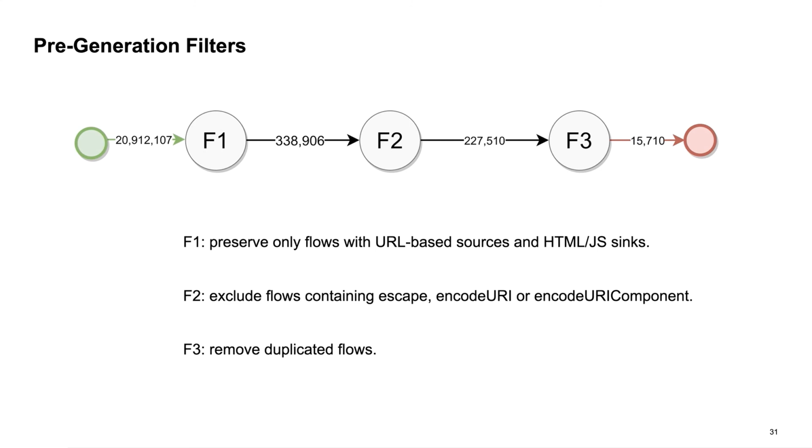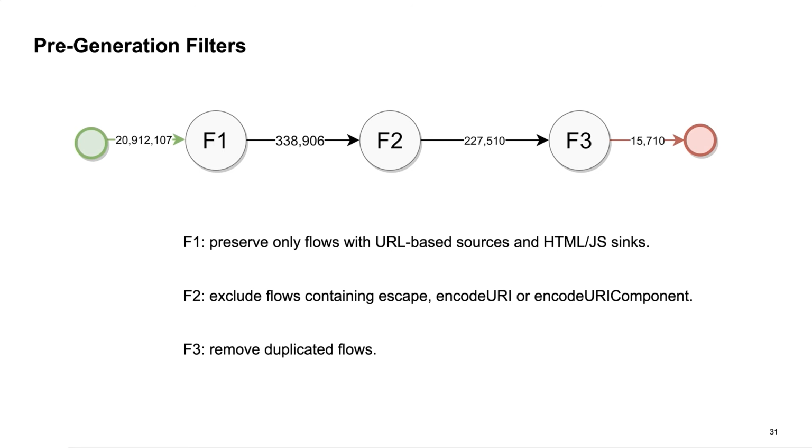Between the crawling phase and the generation phase, we did some pre-generation filtering in the same way as in the two previous works. So we eliminate the non-relevant and the redundant flows, and we also exclude the flows containing an encoding operation without any subsequent decoding, as we know that our exploit won't be effective in this case.